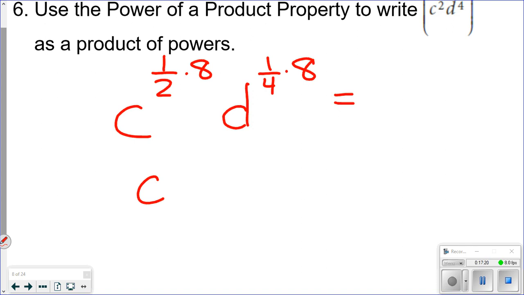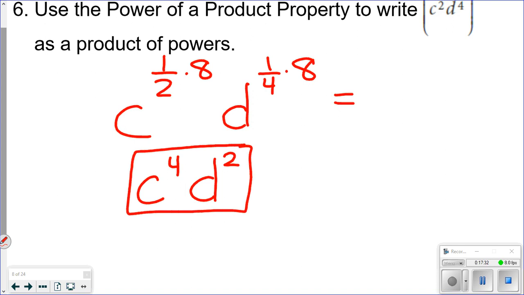So 8 divided by 2 is 4. 8 divided by 4 is 2. So c to the 4th power, d squared.